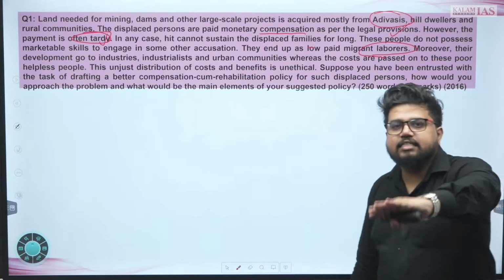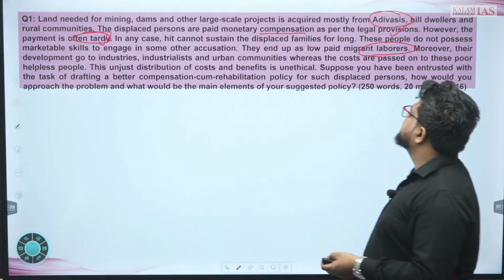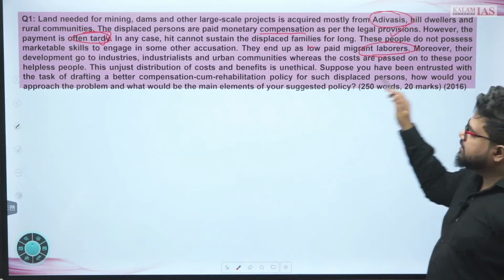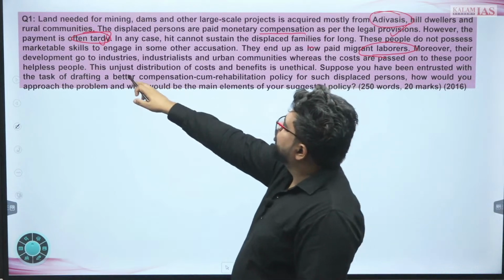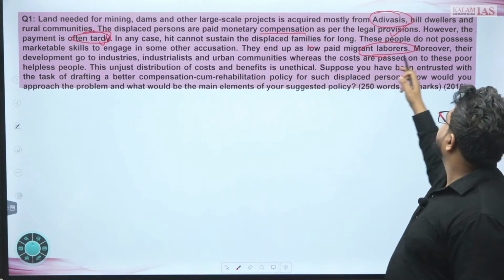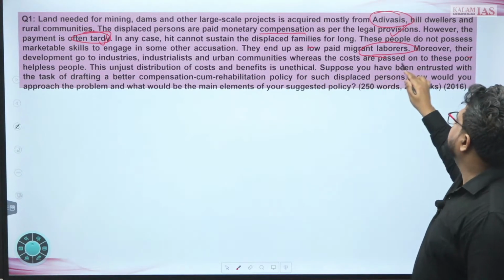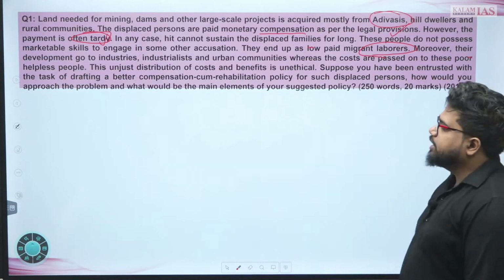That means everything is discussed about the problems faced by these displaced communities. Moreover, the development benefits go to industries, industrialists and urban communities. That means the benefit goes to these communities, whereas the costs are passed to these poor helpless people.